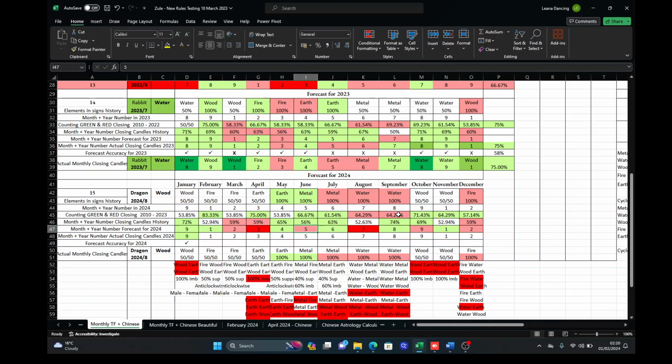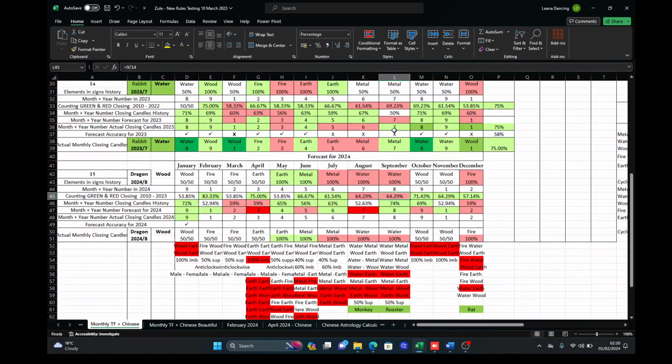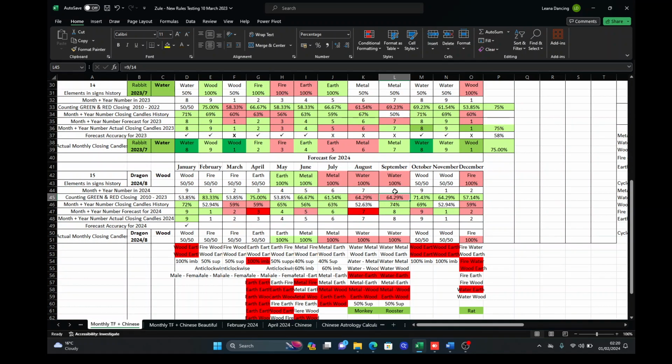The other numerology metric, which is basically counting green and red candles throughout the months of September, throughout the years, that is a red. 64% of those candles are red, but number 8 has a very high percentage of closing on a green candle. That's 74%. Anyway, these two cancel each other out.